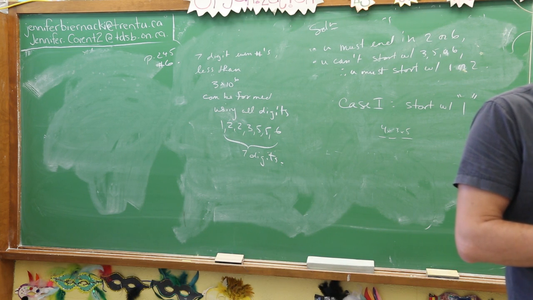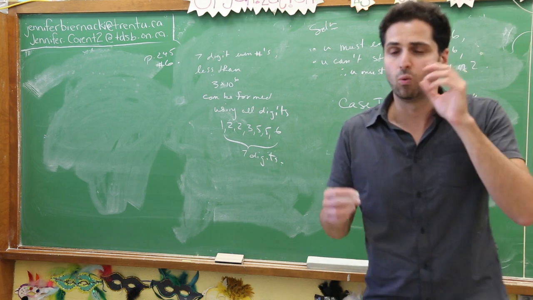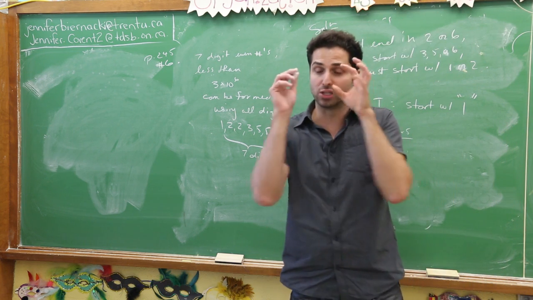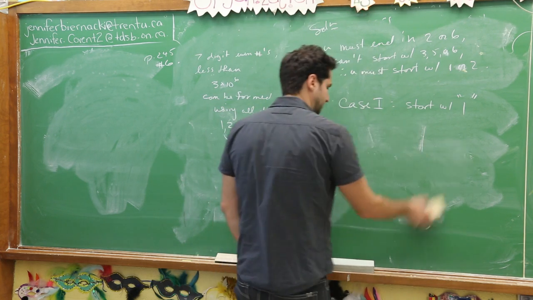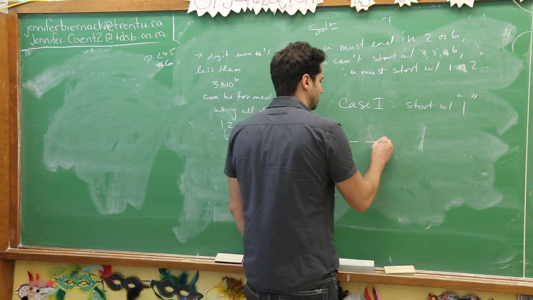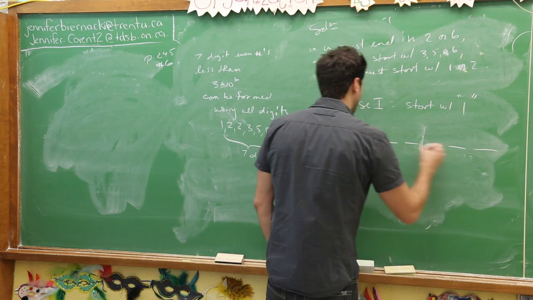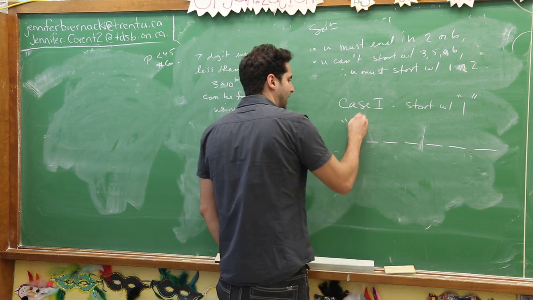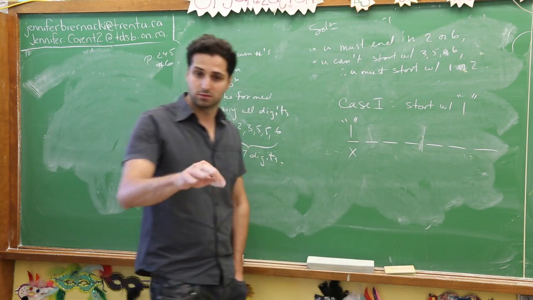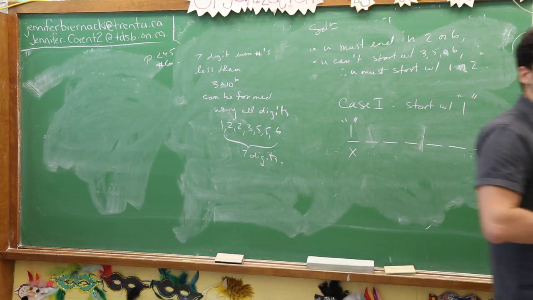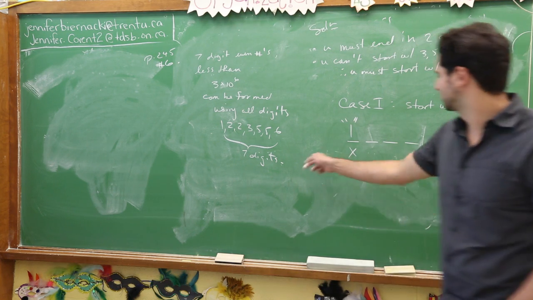So when I use quote 1, I don't mean one option, I mean I'm literally dropping the number 1 into that spot. So we have 7 spots, 1, 2, 3, 4, 5, 6, 7, and I'll put an X here. What do you think I mean by the X? It's locked. Yeah, position is locked.